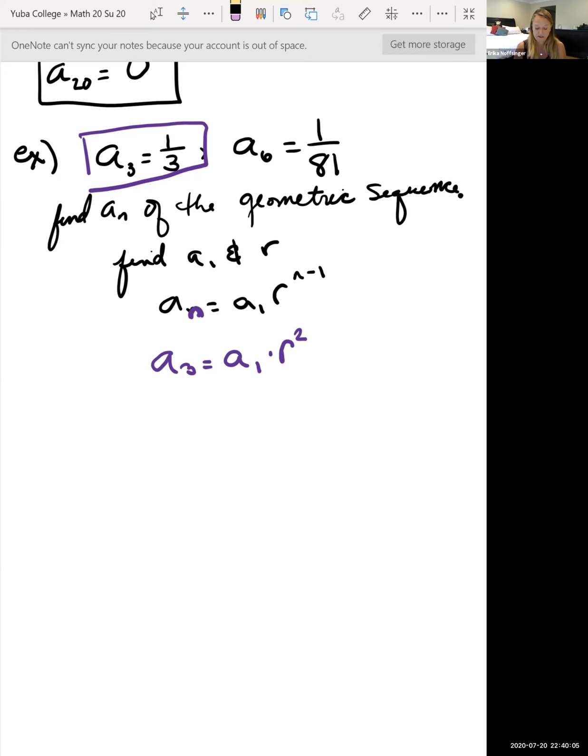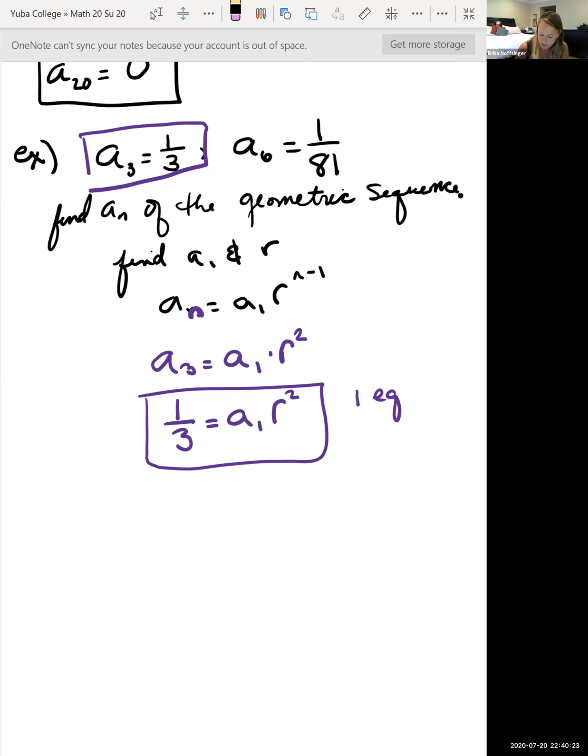Well, I know the value of a sub 3 is 1/3. So 1/3 is equal to the first term, a sub 1, times r squared. So we have one equation that has a sub 1 and r in it.